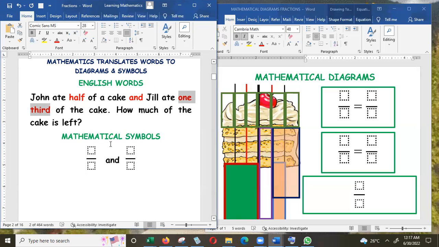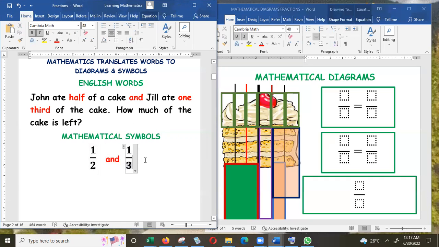to mathematical symbols. A half, the symbol for a half is here. Here it is, 1/2. You can also say a half whenever you see 1/2. And is an important word in mathematics. We're going to get the symbol in a while. And 1/3, the symbol for 1/3 is 1/3.